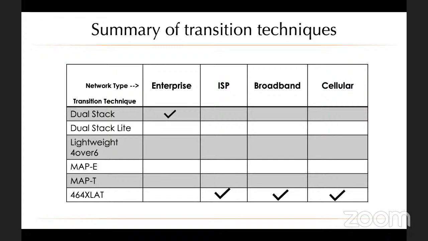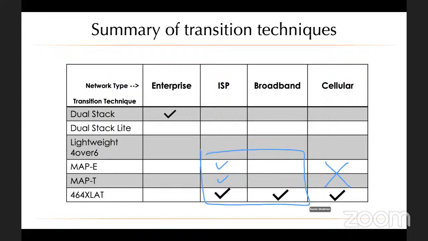Unless, I know there are some large enterprise networks which may end up using the other transition techniques, 464 XLAT, MapE or MapT. For cellular, there's only one option, which is 464 XLAT.